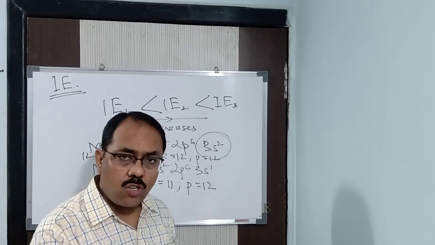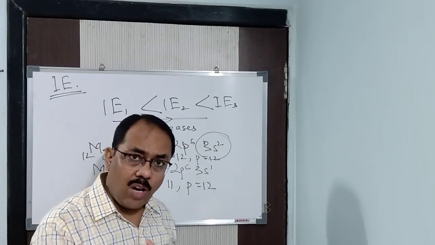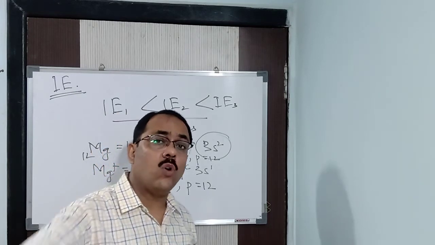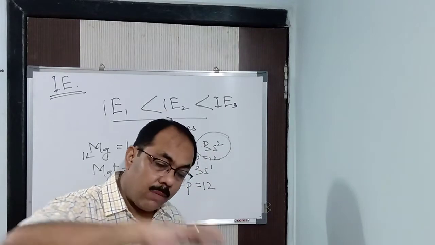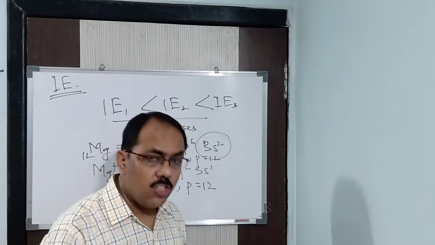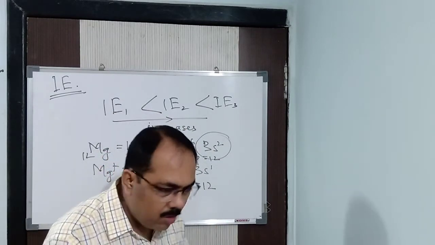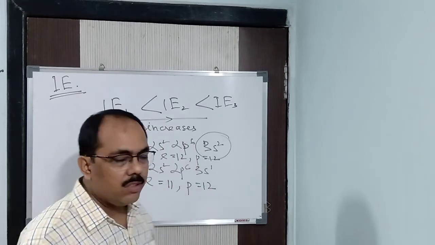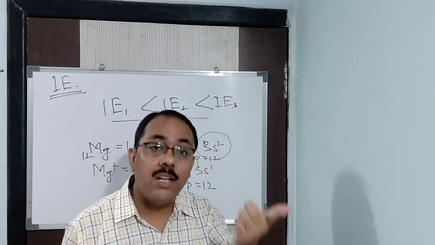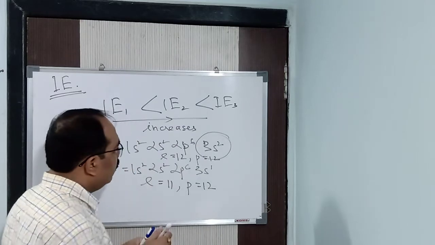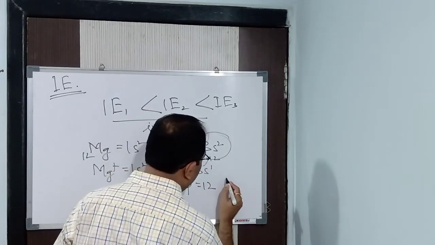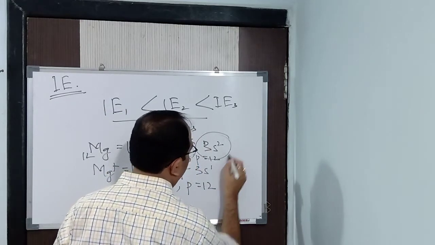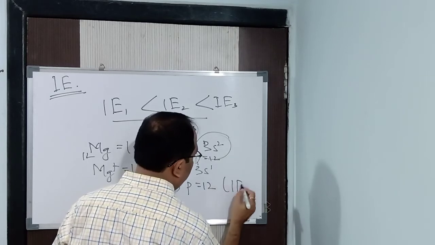So definitely you have to apply a stronger pull to remove that electron. That means you have to give more energy, then only this electron will be removed. When you remove an electron, the energy required is the first ionization energy.